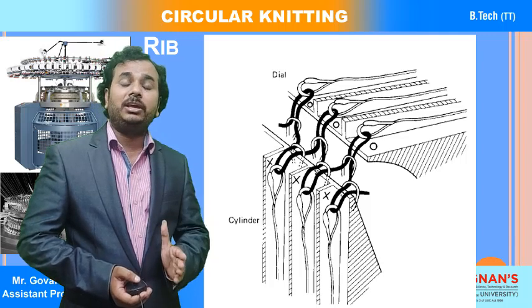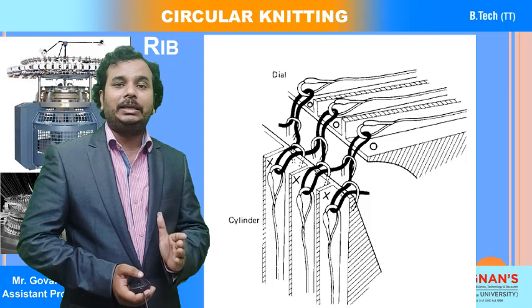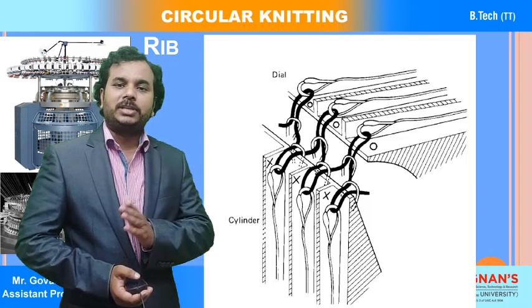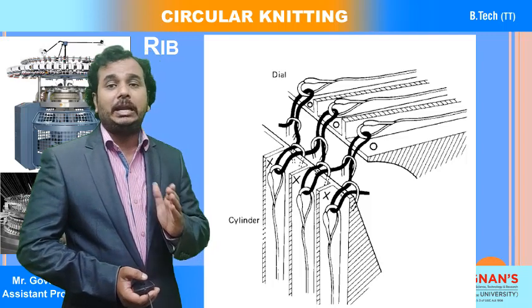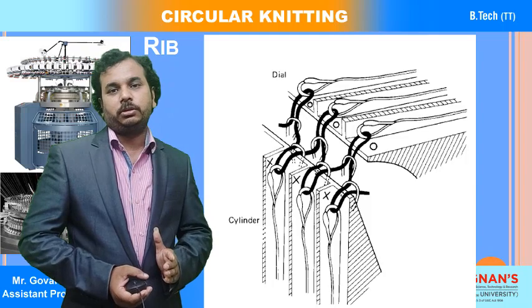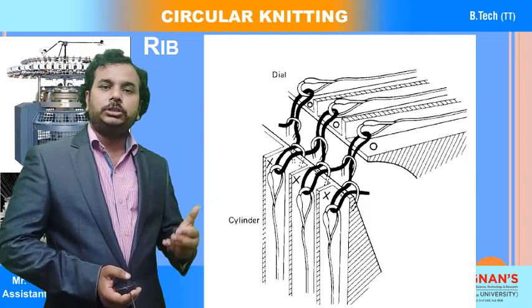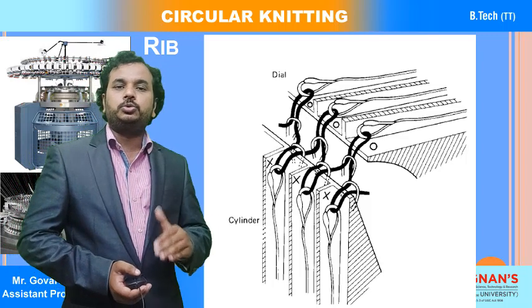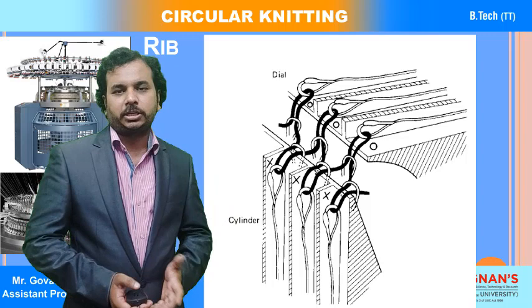Alternative wales means 1, 3, 5, 7 like that. If you observe the loops, alternative wales are going to be face loops. Now you are able to produce 2 into 1 rib and 2 into 2 rib also. We will discuss what rib structures are.